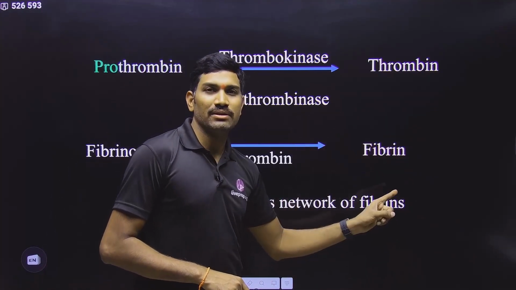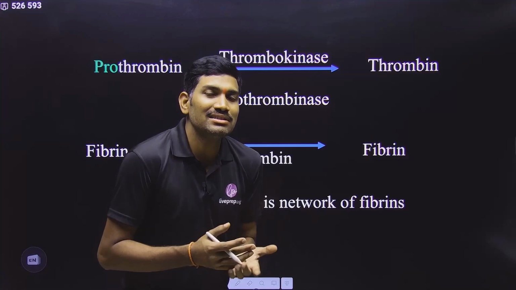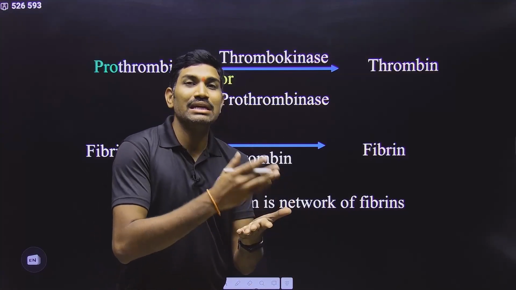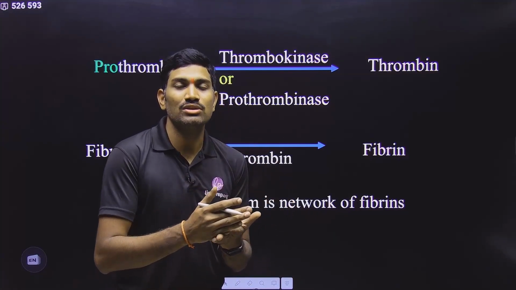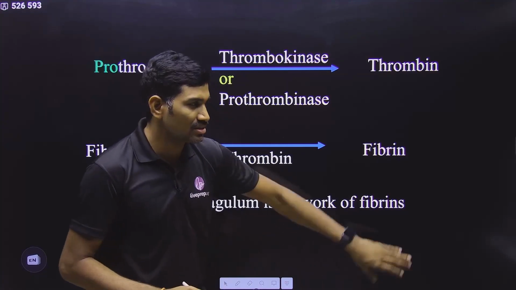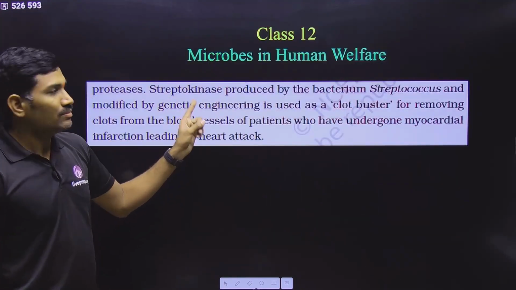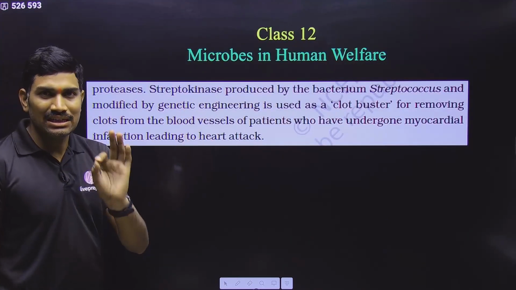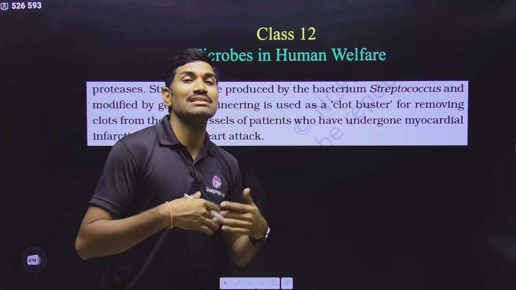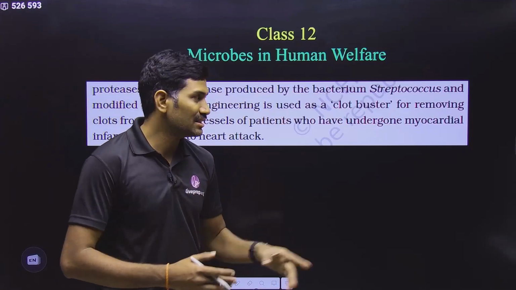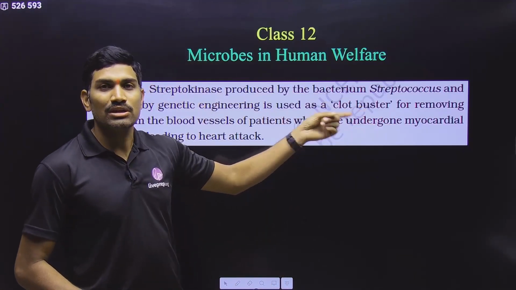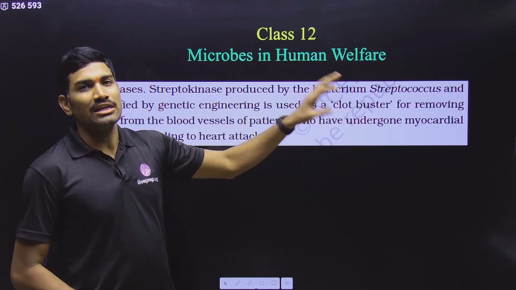Blood clot is fibrin, and streptokinase technically has fibrin lysine molecules. Yes or no? So that's why they are called fibrinolysins. That is the reason why it can dissolve the blood clots.